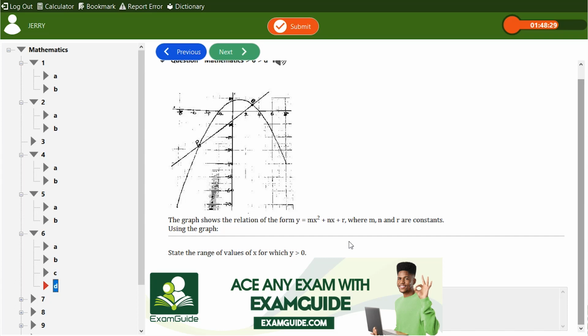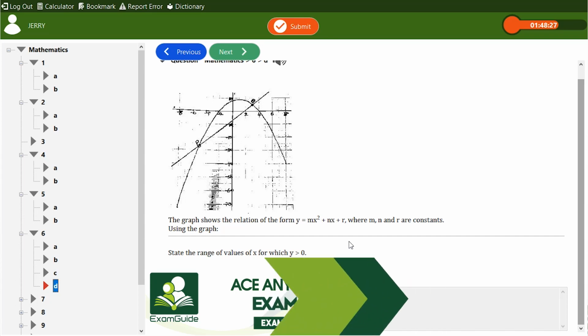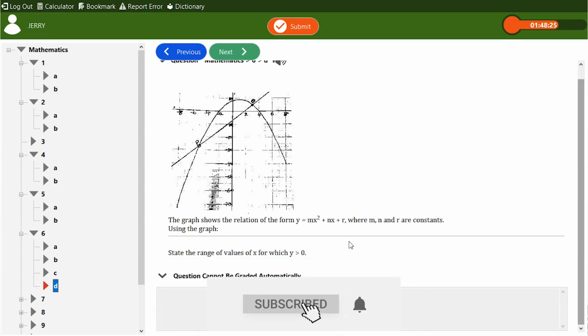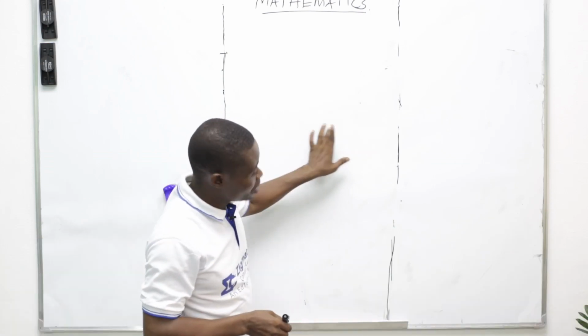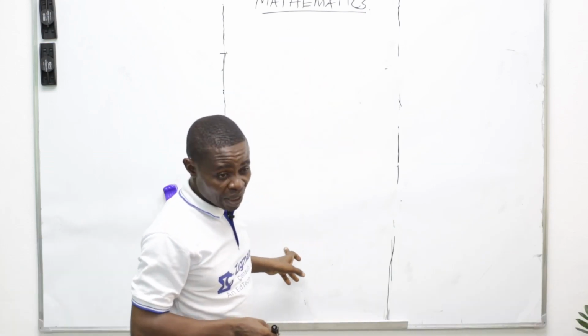Range of values where y is greater than 0. I can assure you it is what? The same root of the equation, but there's a way you represent it. That is, if you watch the horizontal line is 0 line. Vertical line is also 0 line.